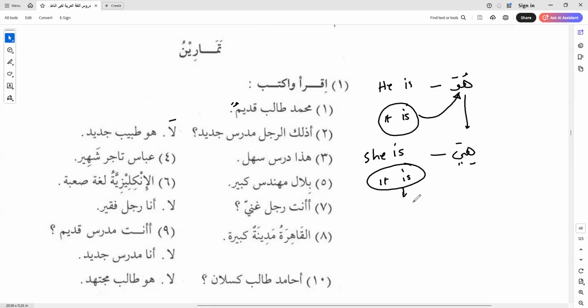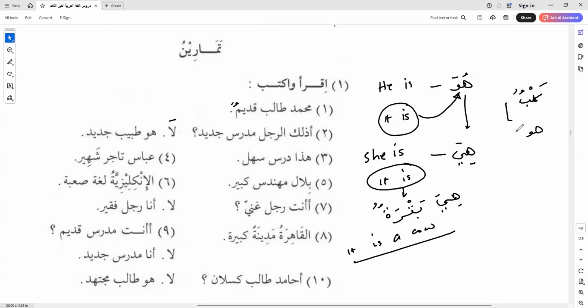If you're describing, let's say, baqarah, a cow, you have to say hiya baqaratun, it is a cow. But if you are describing kalbun, then you can say huwa kalbun, it is a dog. Very, very important.